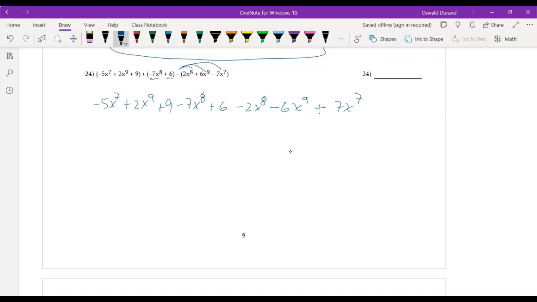So I'm going to start with the highest exponents, which is the 9 here, and I'm going to have 2x to the power of 9 minus 6x^9. Then I'm going to go to the eighth, negative 7x^8 minus 2x to the power of 8, and then to the 7, negative 5x to the power of 7 plus 7x to the power of 7.